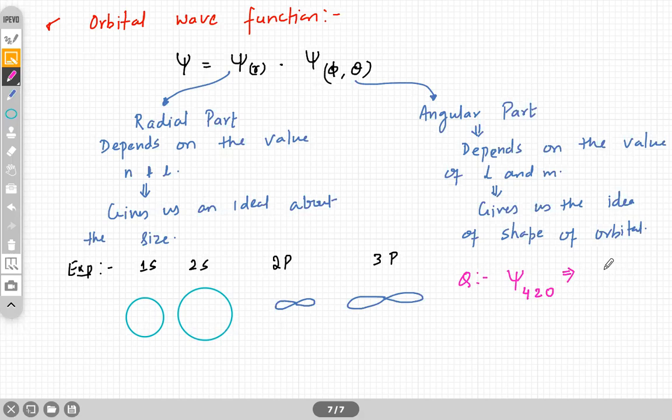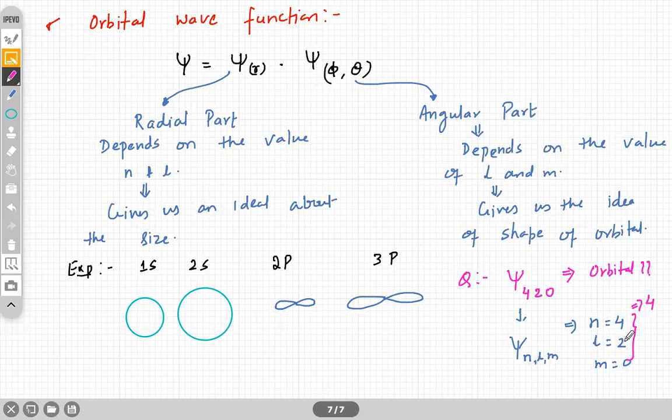So you should compare this: when you have psi and the numbers written, they are in this order, n, l, and m. So the n value is 4, the l value is 2, and the m value is 0. Which orbital is this?